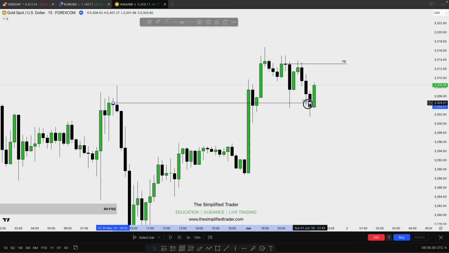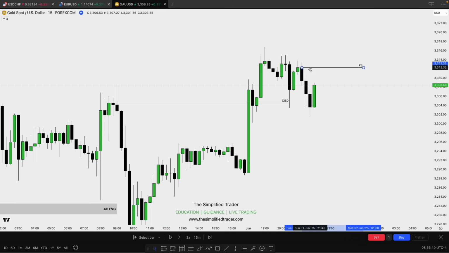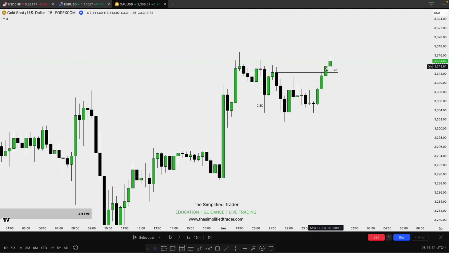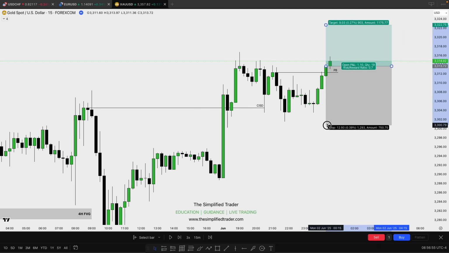What happens now? We sweep out the low, so my propulsion block moves down to these 3 consecutive candles. Let's see if we in fact do get that body closure above. Waiting patiently, not yet, and there we go. There we get the body closure above, and that is your entry. That is how you trade continuations and not a reversal.